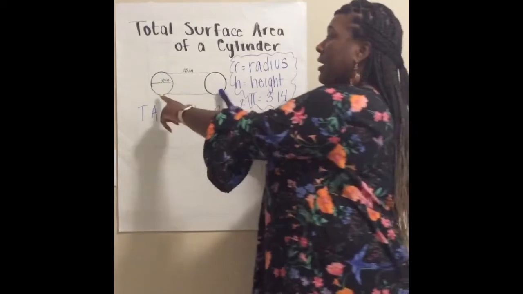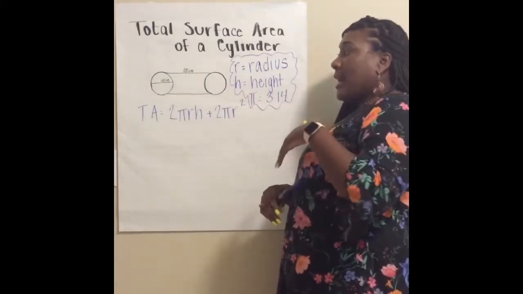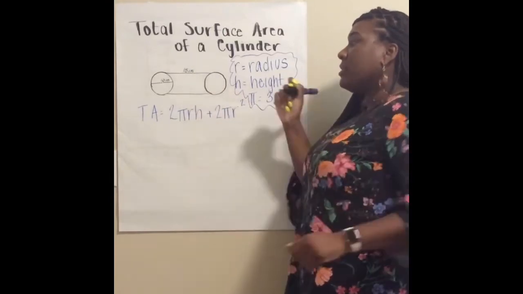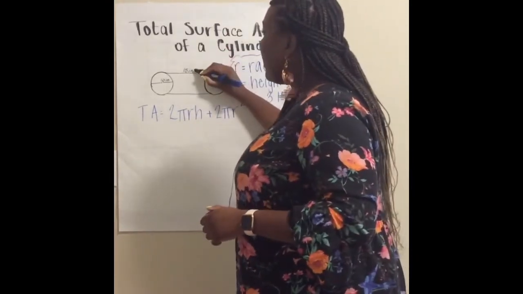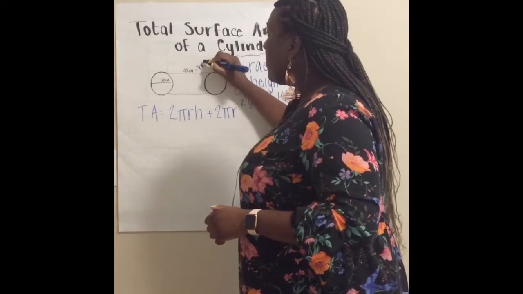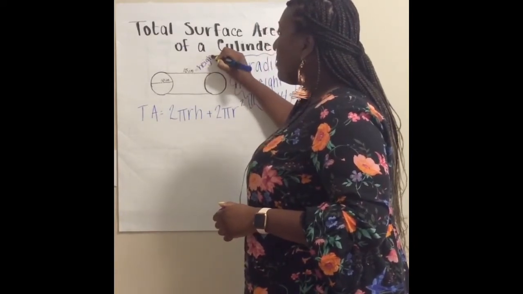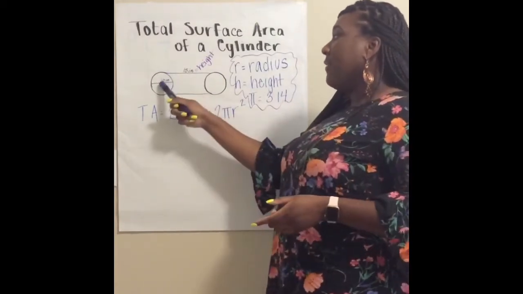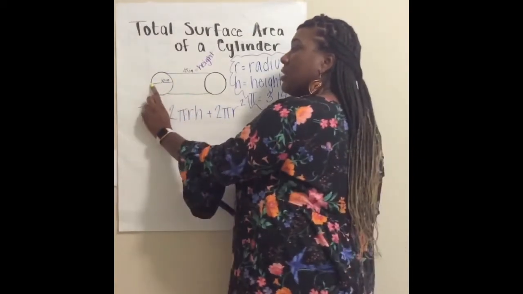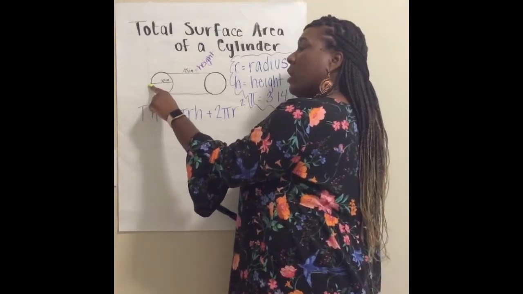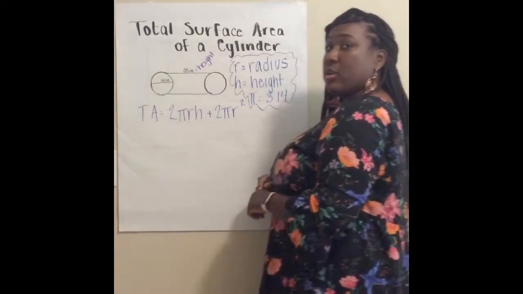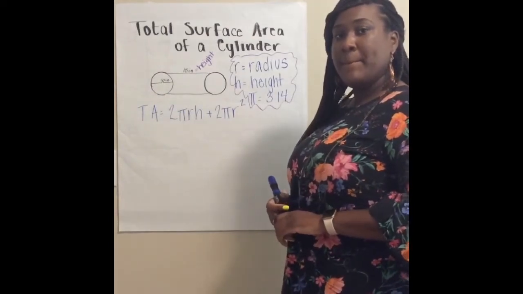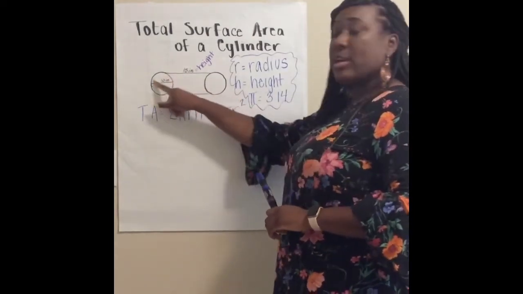Looking at our cylinder, it's laid out on its side. This 15 here is our height. Then, this one gave us 10. If you notice, this line goes from one end of your circle to the other end. Is that radius or diameter? This is your diameter.